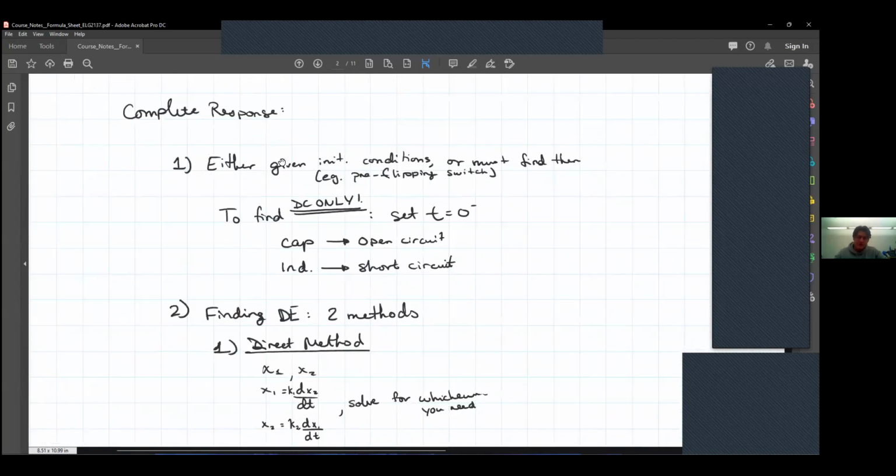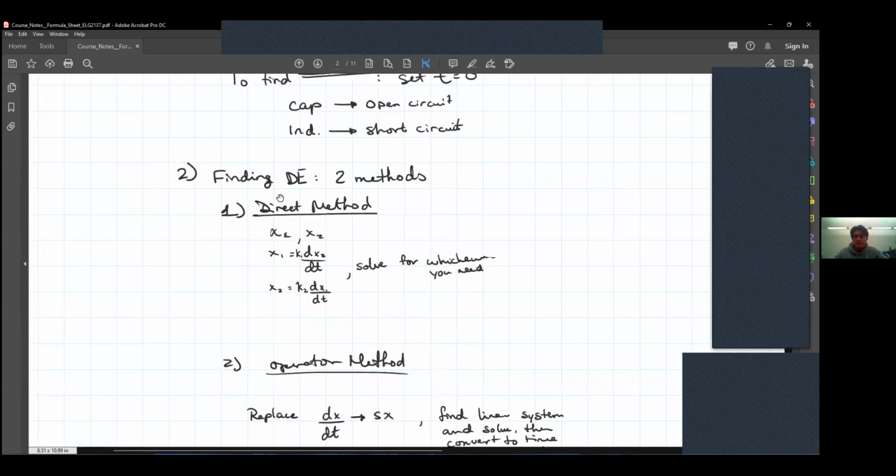To go through that, first you find the differential equation. You can either do so through the direct method, in which you have an x1 and x2 value corresponding to either voltages or currents for either your capacitor or inductor, respectively. And you want to get two functions, one of which is x1 equal to some constant and the derivative of x2. Another one is x2 equals some constant and a derivative of x1.